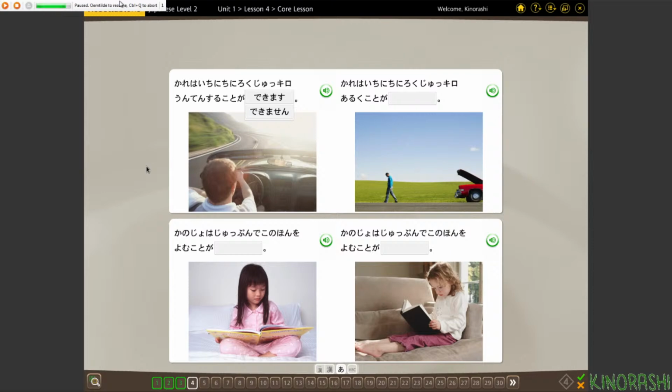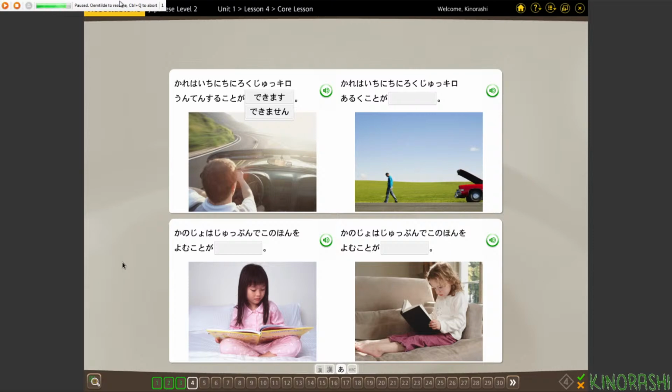This is a multifunctional particle, so it can seem quite difficult for beginners. Mistakes with the use of ni are common since it is similar to other particles like de. Ni can be used with arimasu and imasu. We use it to express locations where something or someone exists.